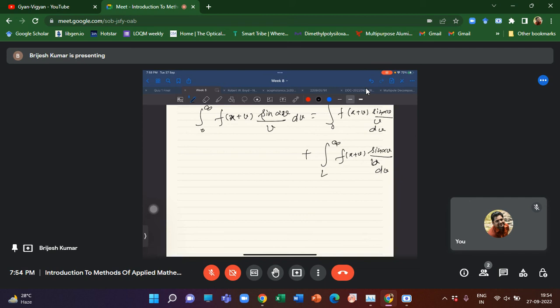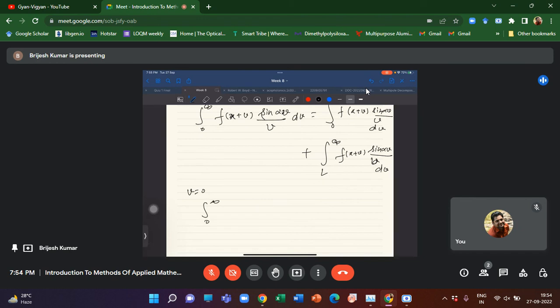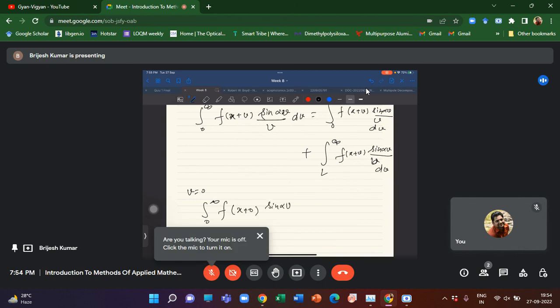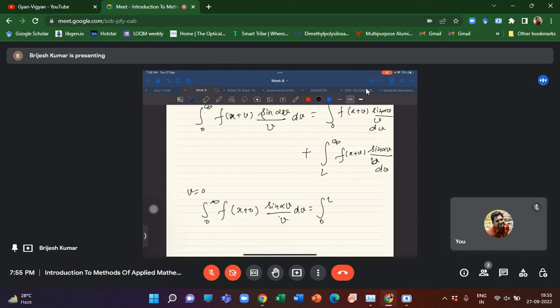And if we put v equal to 0, then we will find the integral from 0 to infinity of f(x plus 0) sin alpha v over v dv.